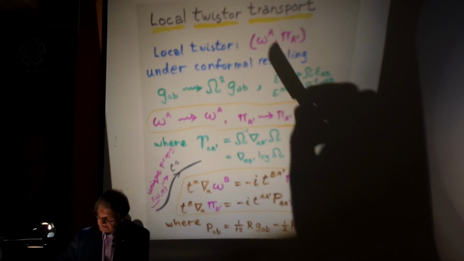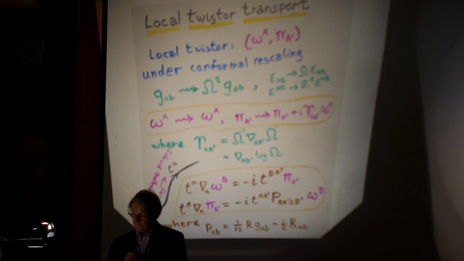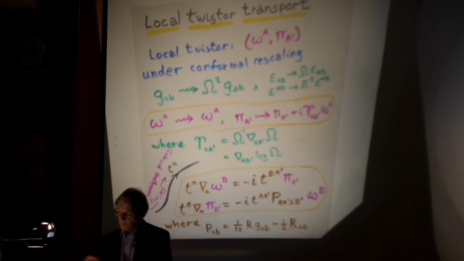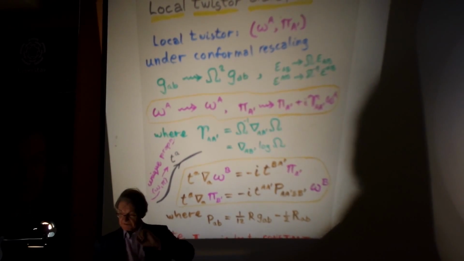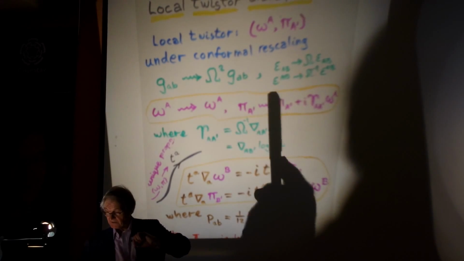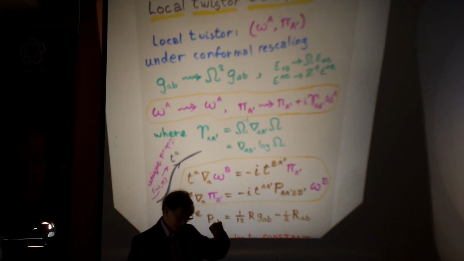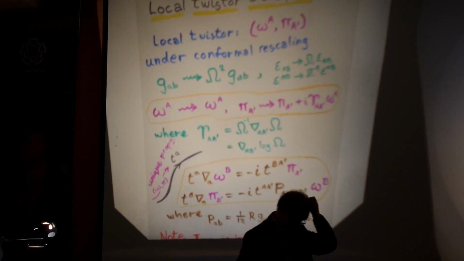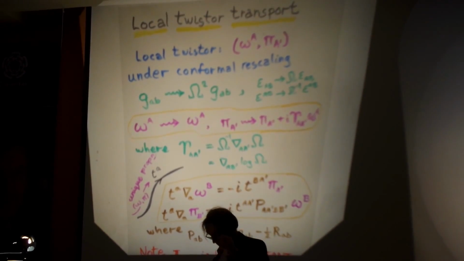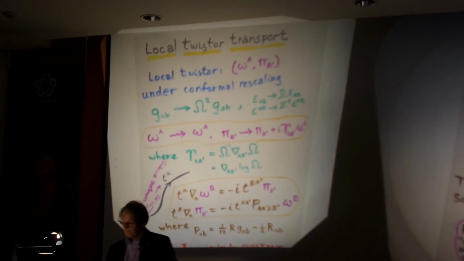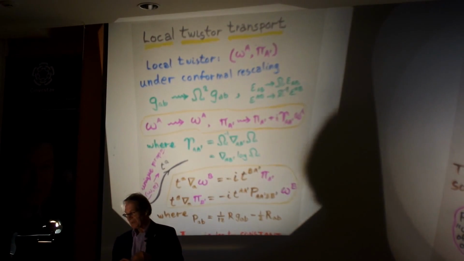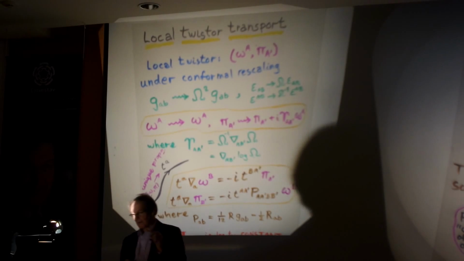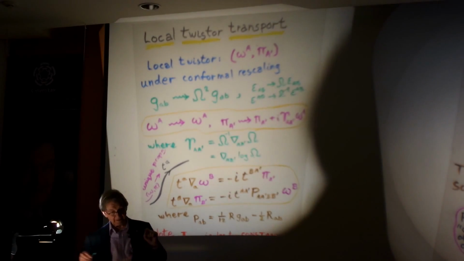You say, at each point you have an omega and pi, and you have a way of transporting them around. So you can take a curve in your space-time, take the omega and pi around. If you have a light ray, then omega is zero all the way along the light ray.